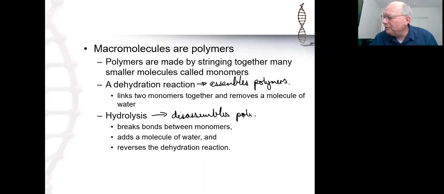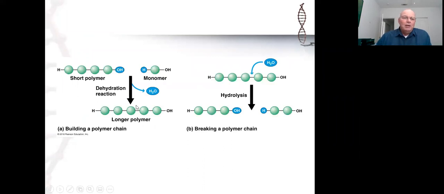And they are essentially the opposite of each other. So when you think dehydration, you think removing water, and that's in essence what happens in a dehydration reaction. So on this diagram, you can see the example of a dehydration reaction.